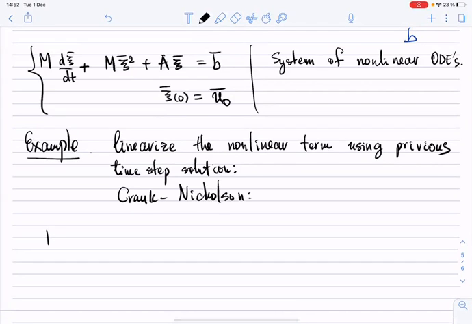then we have M (psi n plus 1 minus psi n) divided by kn, and this part I linearized from the previous time step, so it's going to be plus M psi n square. It's pointwise. You see, it's not a scalar product of the vector. It's a long vector, so each component of the vector is squared.